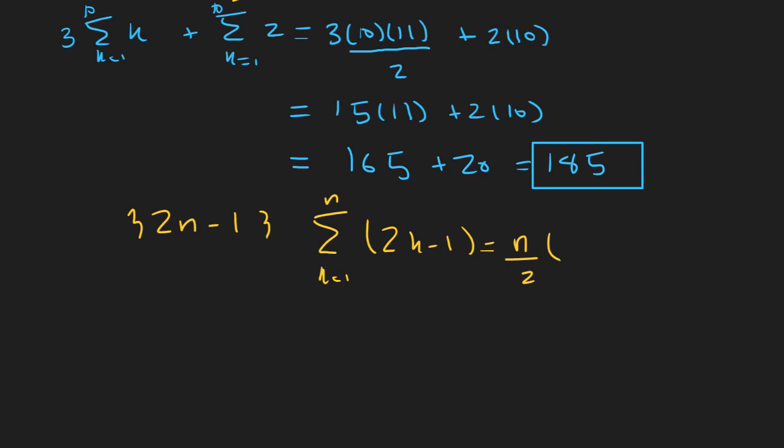The first term of an odd number sequence would have to be 1, and the nth term would be 2n minus 1.